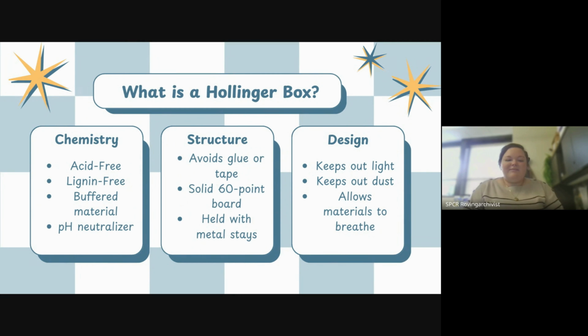Well, I've devised it into 3 different categories. You have the chemistry. So anytime you're looking for anything that will store archival materials, we always want to look for acid-free, lignin-free, and most of the time buffered materials. We can get more specific with that, because with anything with color, so those photographs, we usually want unbuffered materials.